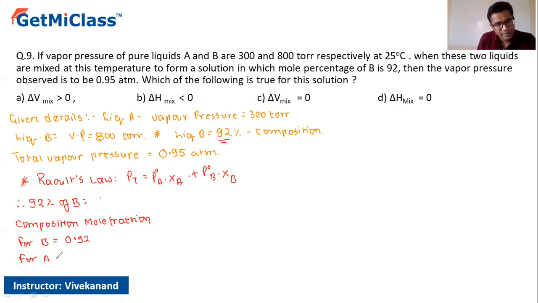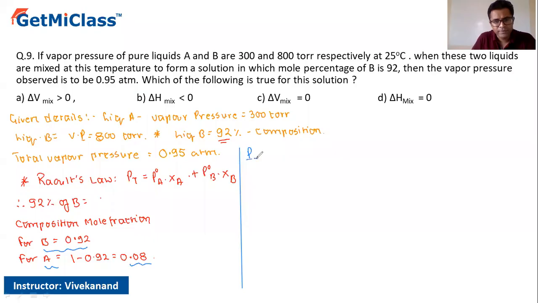Therefore, for A it is now 1 minus 0.92, and that will turn out to be 0.08. Okay, so let's take these particular values. These values are very important. This is 1 and this is 1, right? So let's start with the formula, replace the values and start over.